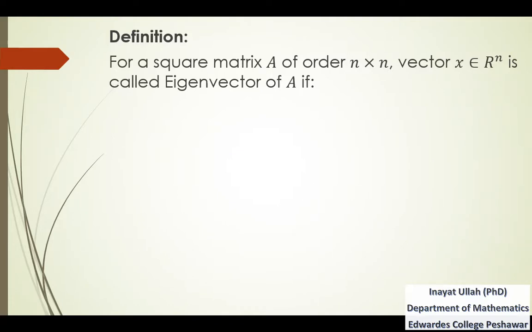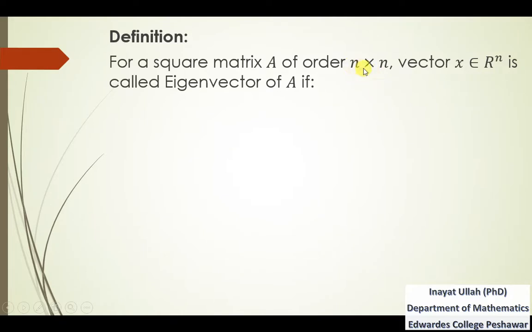So we have a square matrix A whose order is n by n. It means that this matrix has n rows and n columns, and let's say we have a vector x belonging to Rn. It means that this vector has n components, x1, x2, x3 up to xn.